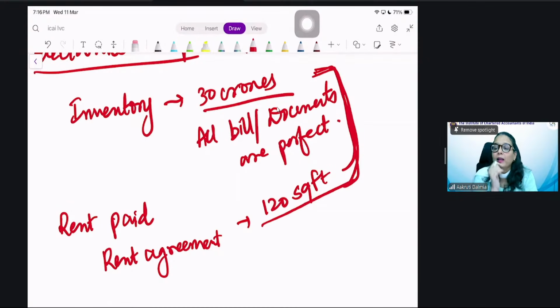So what if they tell me that we are right, 30 crore inventory is there with us, but I can show you it is because we have 3 diamond-attached iPhones that we have made for a billionaire. They are yet to take delivery from us.